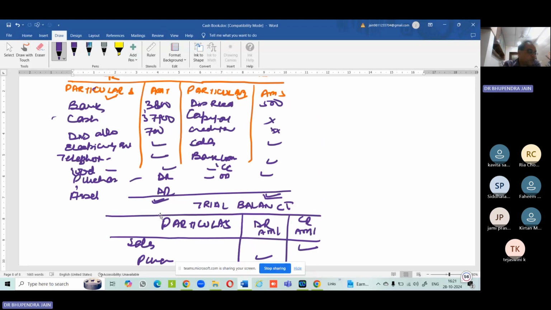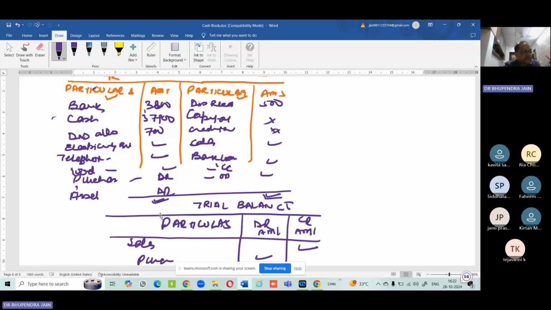If the totals do not match, that means there is some mistake we have made at the time of preparation of the trial balance. So after preparation of the trial balance, we will rectify the error.